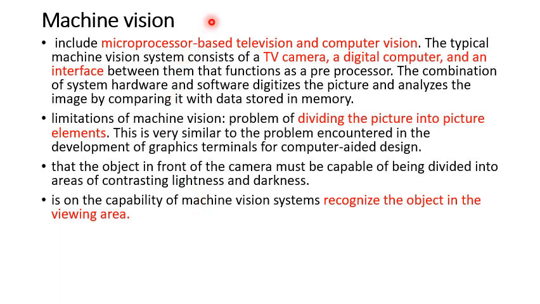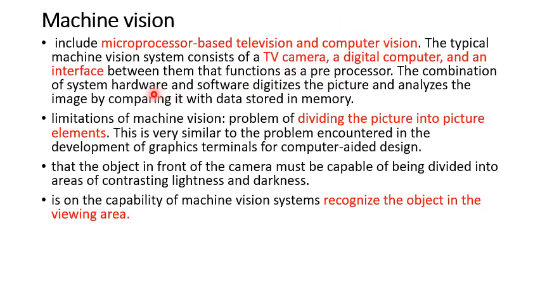So in non-contact inspection, the first method is machine vision. The machine vision system includes microprocessor-based television and computer vision. There are majorly two components. The typical machine vision system consists of a TV camera, a digital computer, and an interface between these two, which functions as a preprocessor.